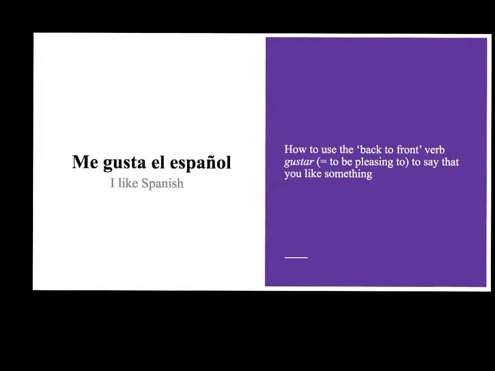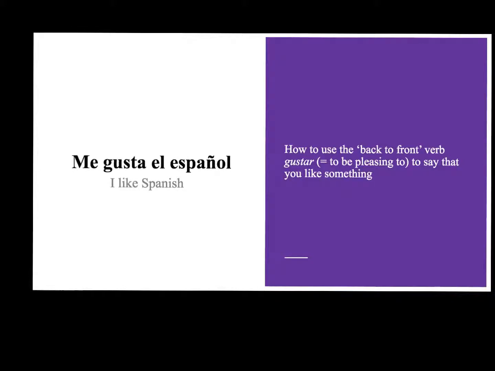But what is particularly surprising is that the ending of the verb here, gusta, is not what we would expect for a first person singular verb, an I form verb. It doesn't end in an O. Me gusta is a third person ending, a he, she, it form ending. If we compare it with the regular AR verb hablar, hablo, hablas, habla, you can see that this is an A ending.